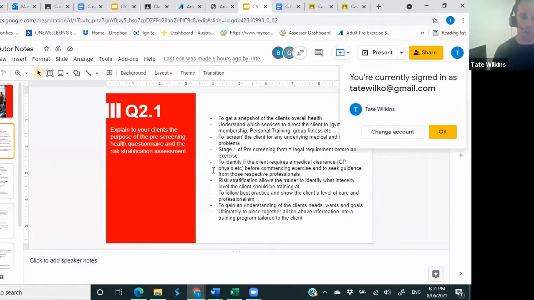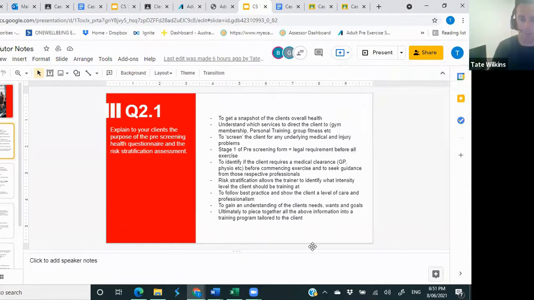Actually, I'll leave this slide up here now because a few of them are on there. So that's the stop point number 2 there. So it's to screen the client for any underlying medical and injury problems. So comma after that.